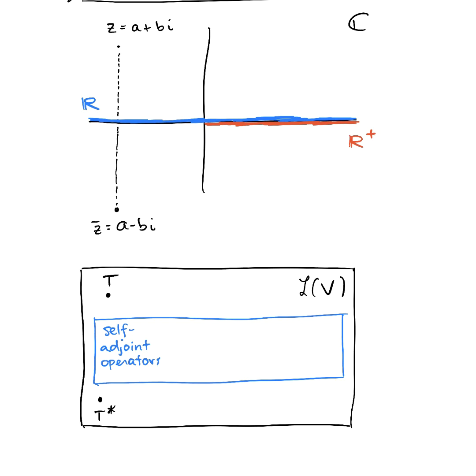Okay, within that blue box, some self-adjoint operators are positive. So a subset of that blue box is this red box. So those are the positive operators.